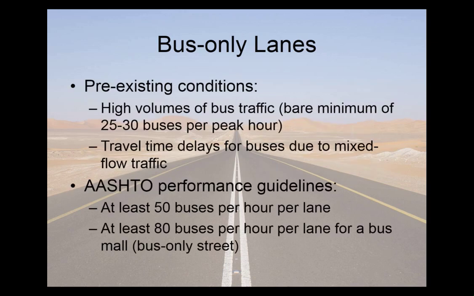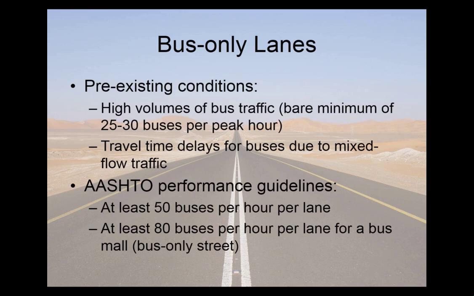Pre-existing conditions for adding bus-only lanes. The exact volume of bus traffic needed varies depending on the guidelines you look at and the particular location being looked at. But it should be at the very least 25 to 30 buses per peak hour. And also buses should be experiencing delays due to mixed flow traffic.